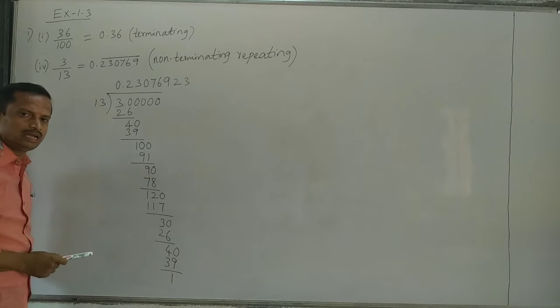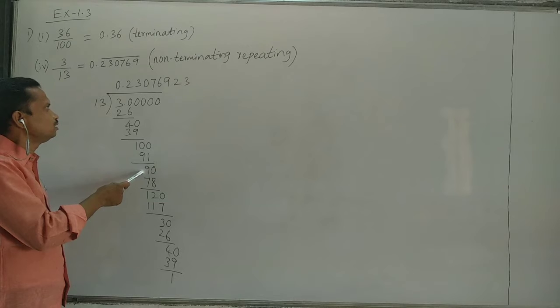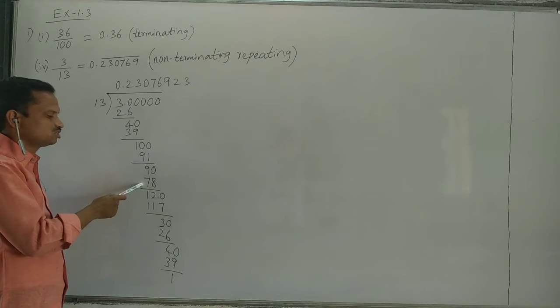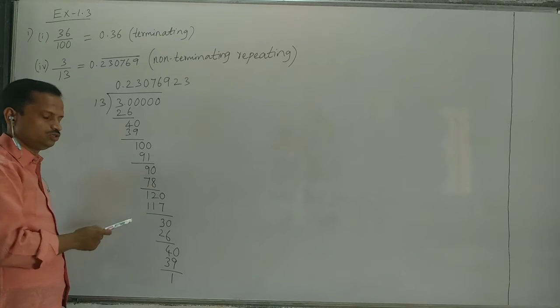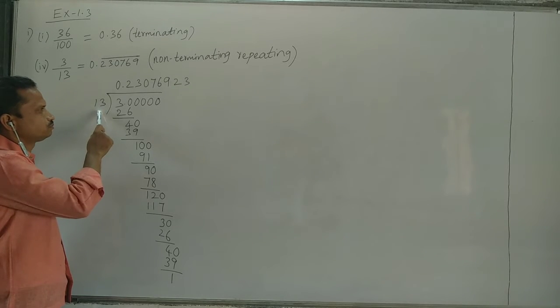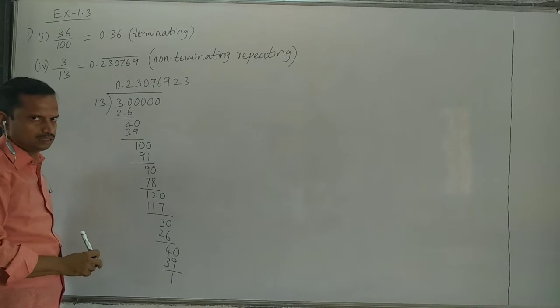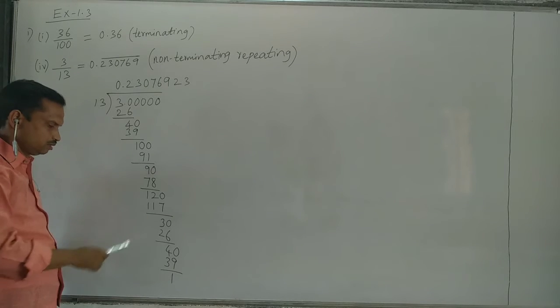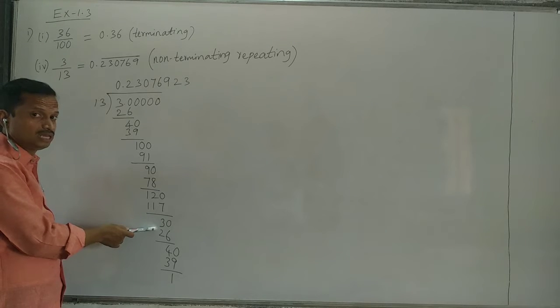And you add another 0. Now it becomes 19. In 19, how many 13s? 13 6s are 78, so the remainder is 1. And now you put 0, and it becomes 120. How many 13s are there in 120? 13 9s are 117 and the remainder is 3. And again you see here the remainder is repeating. Look here very carefully.